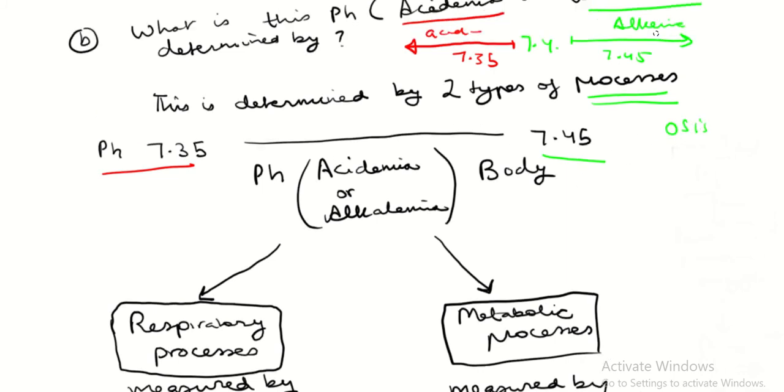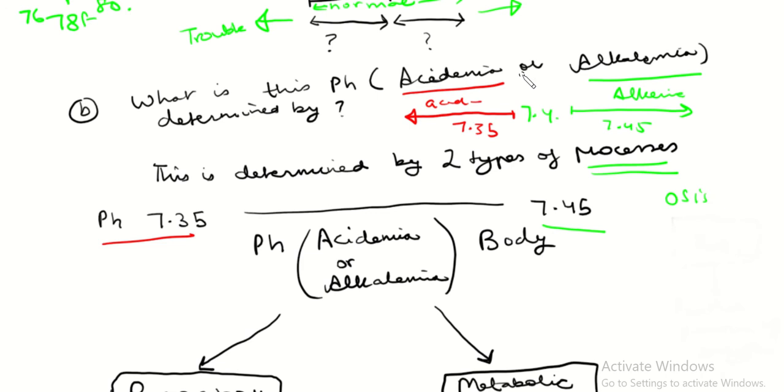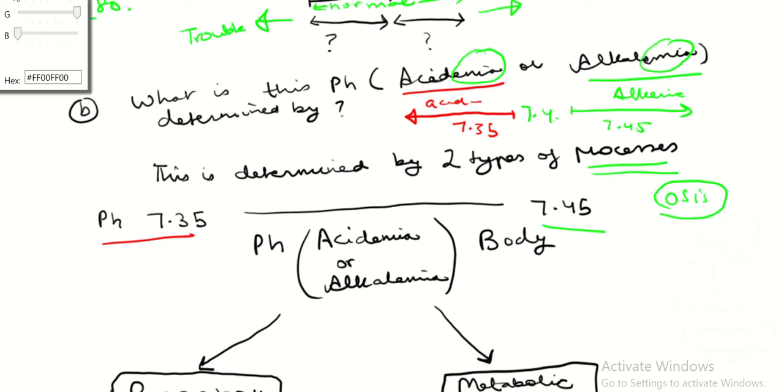Okay, so remember we talked about emia. So emia is the overall pH. Oses is the process. Okay, oses is the process that causes emia. Let me write that down. It's an interesting concept. Oses.